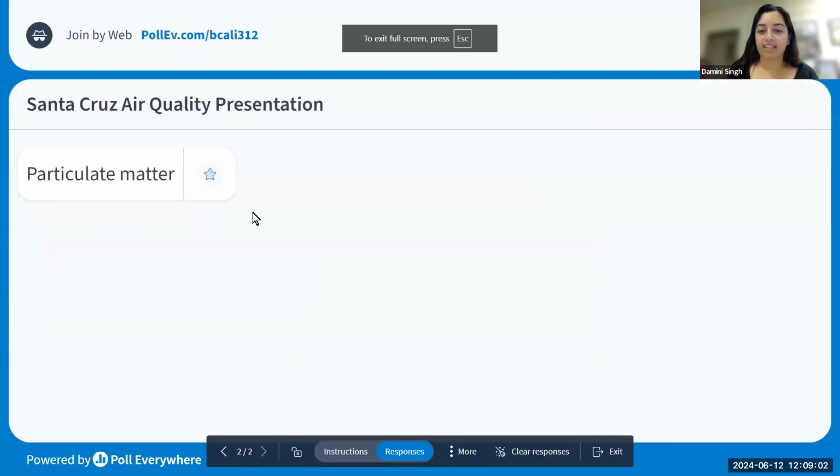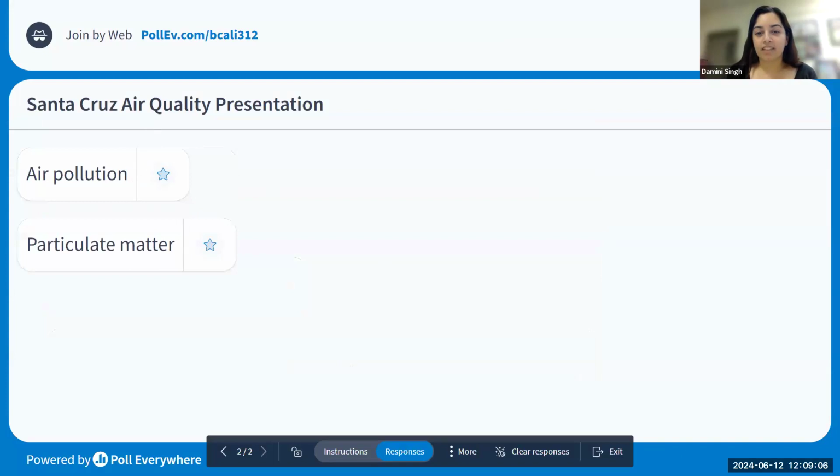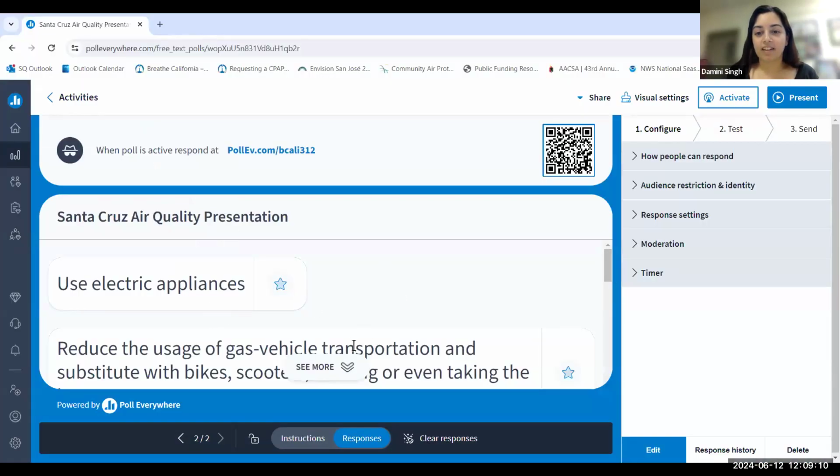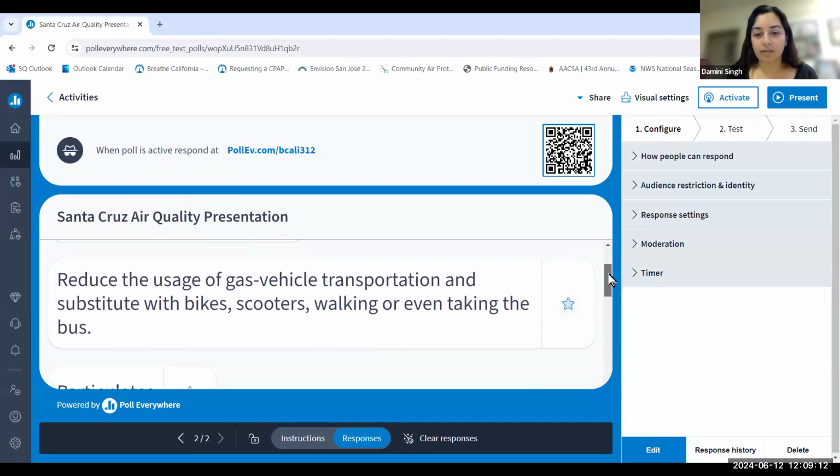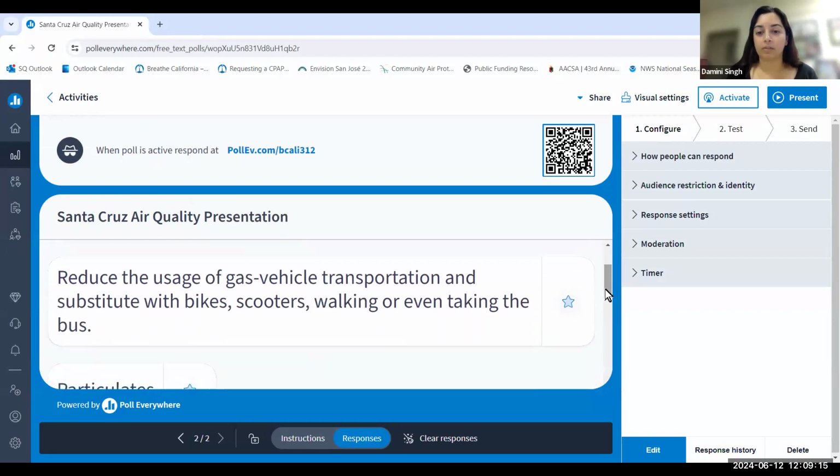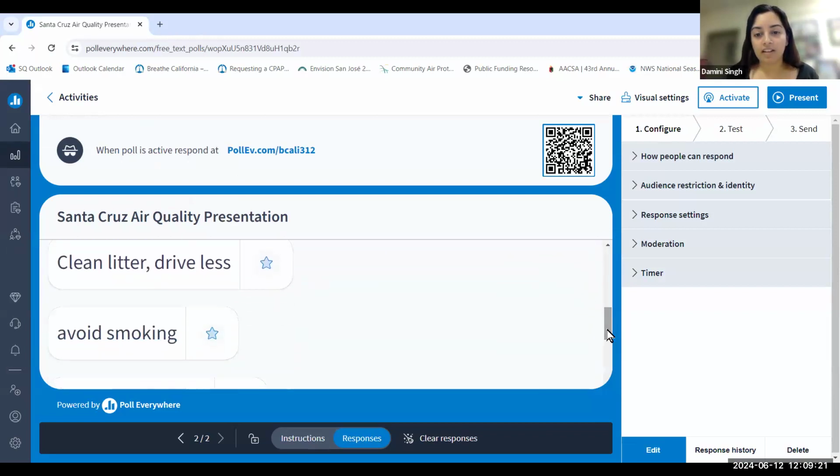All right, so we can see use electric appliances, reduce the usage of gas vehicle transportation and substitute with bikes, scooters, walking, or taking the bus. Clean litter, drive less, avoid smoking.